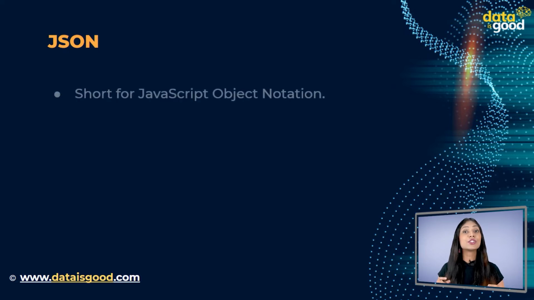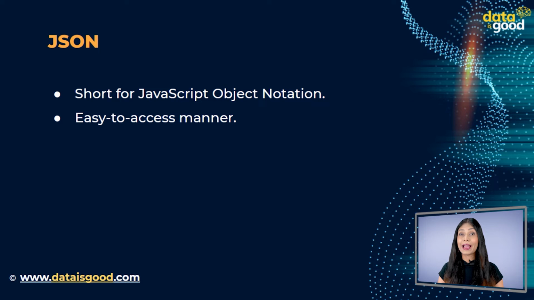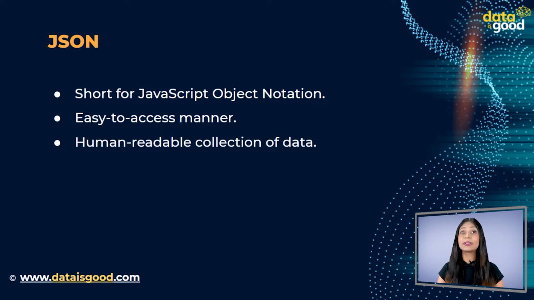Well, JSON is short for JavaScript Object Notation, and it is a way to store information in an organized, easy to access manner. In a nutshell, it gives us a human-readable collection of data that we can access in a really logical manner. JSON is a format for storing and transporting data.